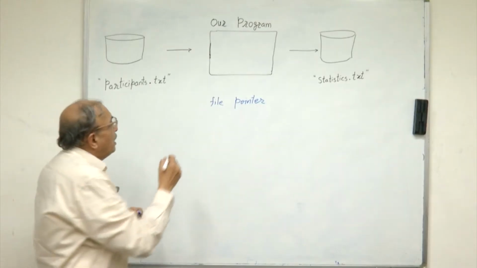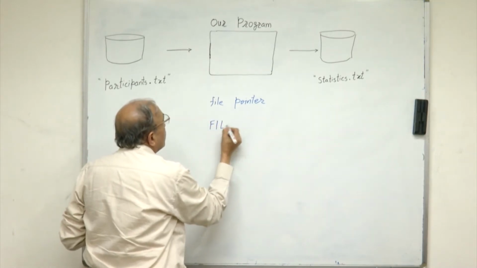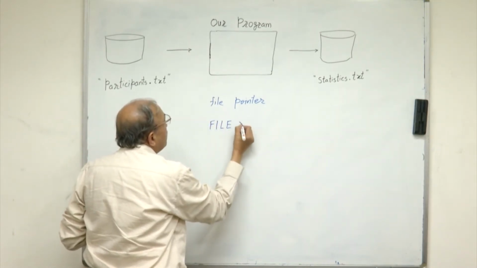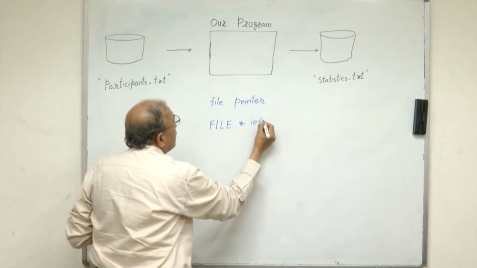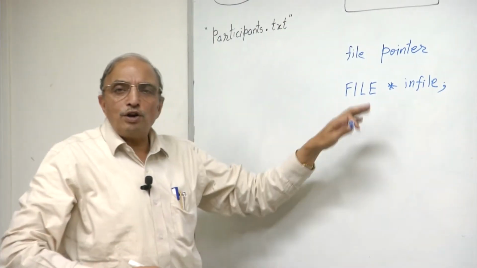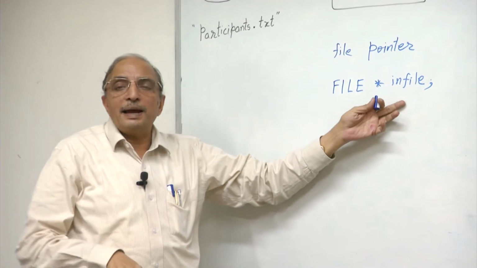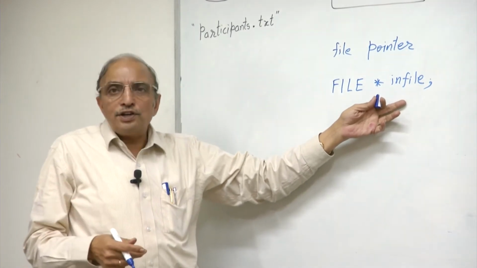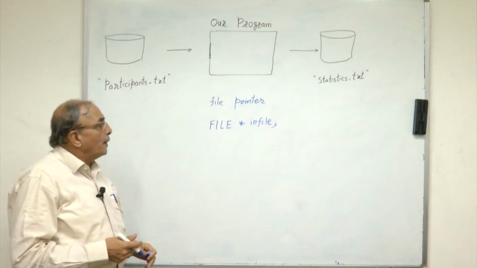For example, I could declare FILE * infile. From this point onwards, infile becomes an internal file name for the file from which ostensibly I wish to read data into my programs.